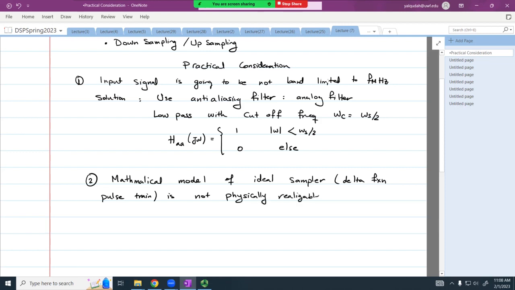And therefore, the solution is we can accomplish sampling via a rectangular pulse train. And we call this sample and hold.